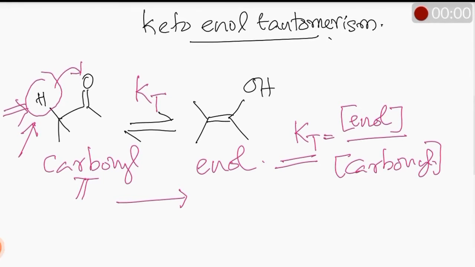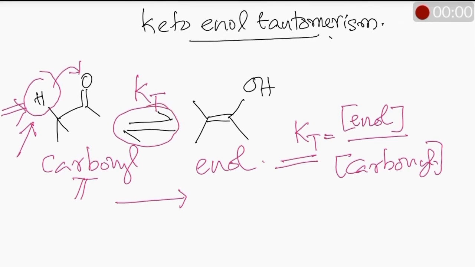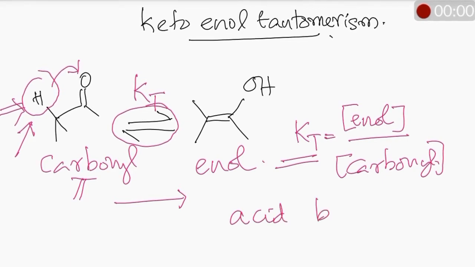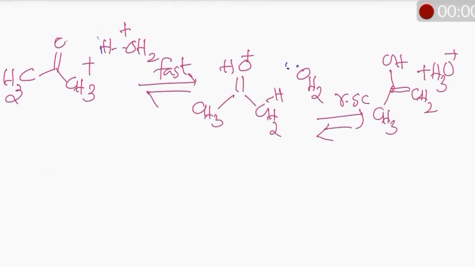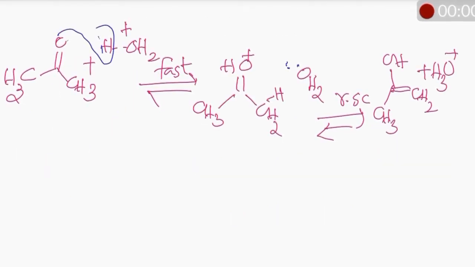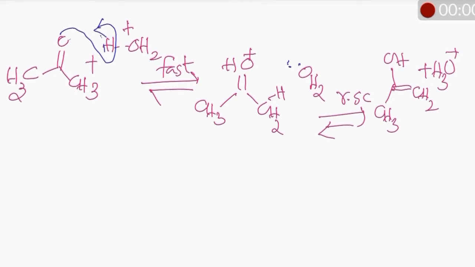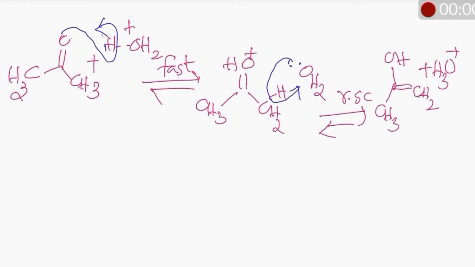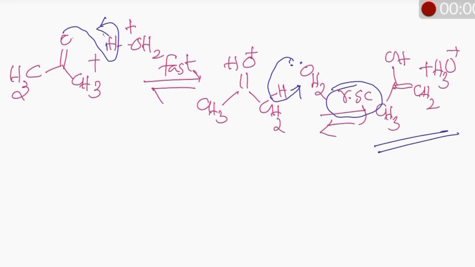One more point you have to remember is this interconversion between the keto and enol form is catalyzed by both acids as well as bases. In aqueous acid, rapid protonation of the carbonyl group happens first, which is followed by removal of the alpha proton by water in the rate controlling step leading to enol.